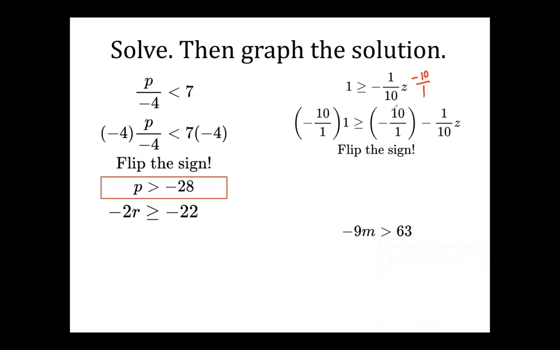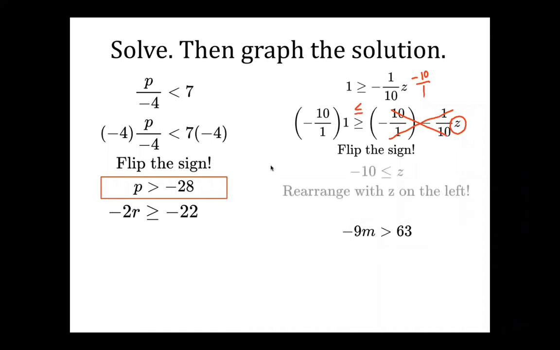And you can see here that if you multiply -10 over 1 by -1/10, they cancel one another out. So now z is isolated. Multiply both sides by -10 over 1. So -10 times 1 would just be -10. And make sure that you flip your inequality symbol from greater than or equal to less than or equal to.